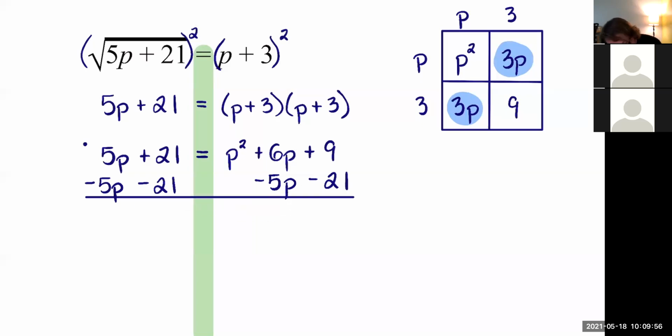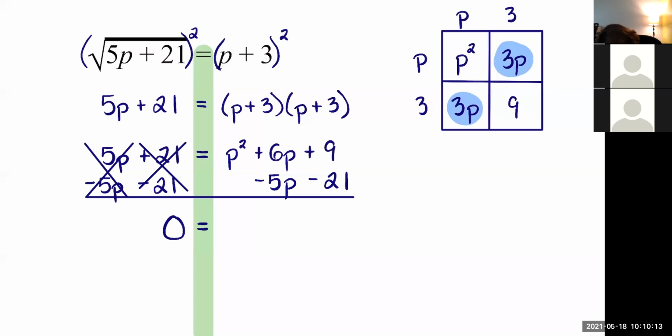So on the left-hand side, 5p take away 5p is 0. 21 take away 21 is also 0. What do we have now on the left-hand side? 0.